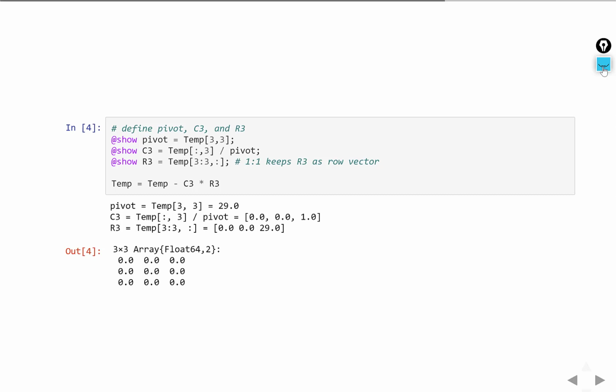And we can verify the last step in Julia to see that temp minus C3 times R3 results in 0.